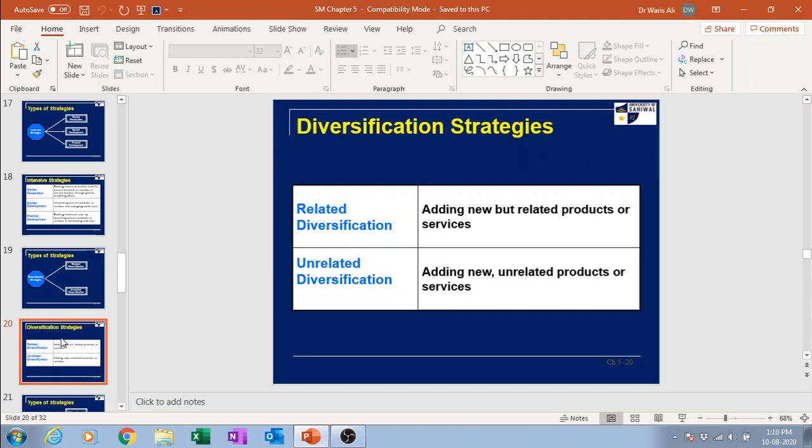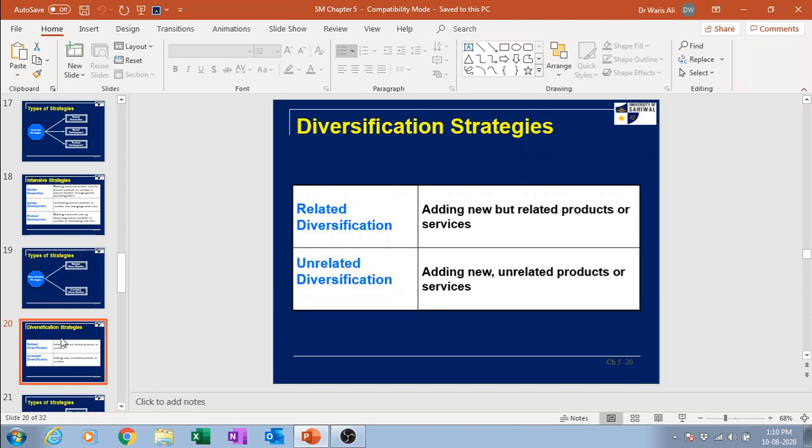Previously we had 8 departments: law, computer science, physics, chemistry, business, economics, English, and psychology. Now we have decided to offer engineering degrees, engineering programs, within the university.